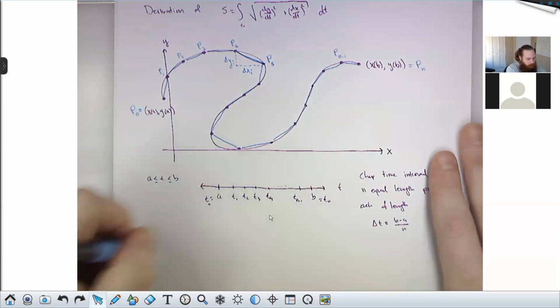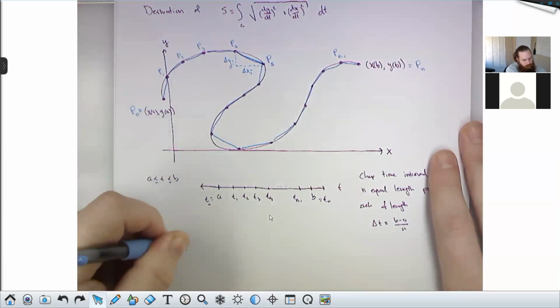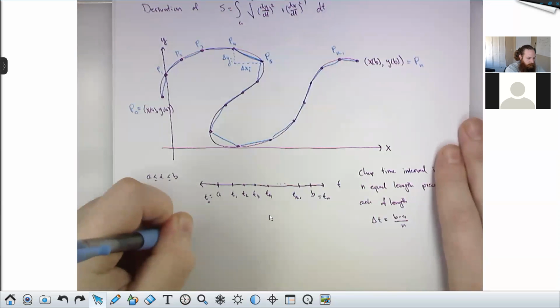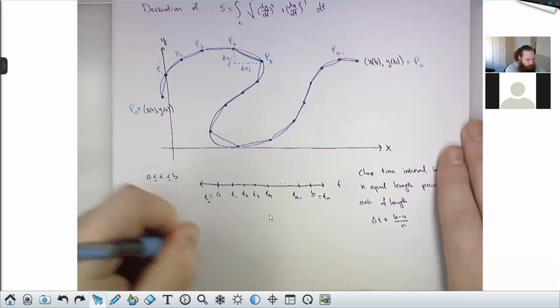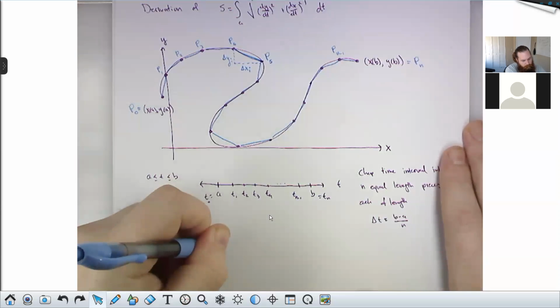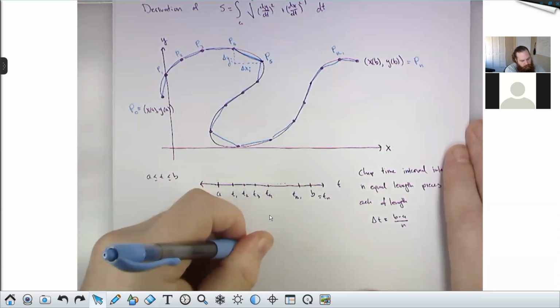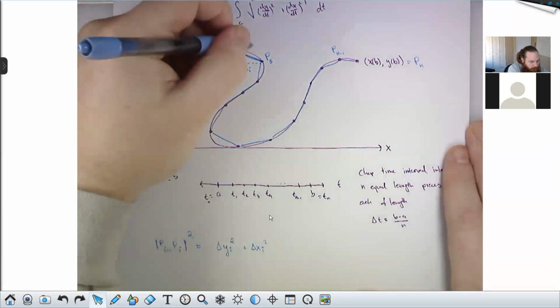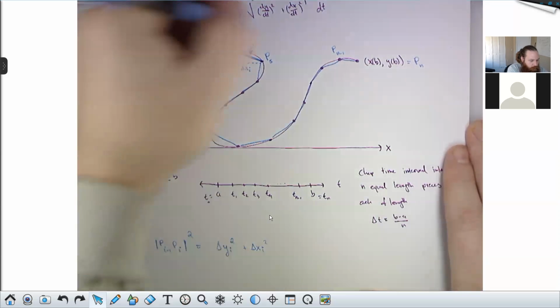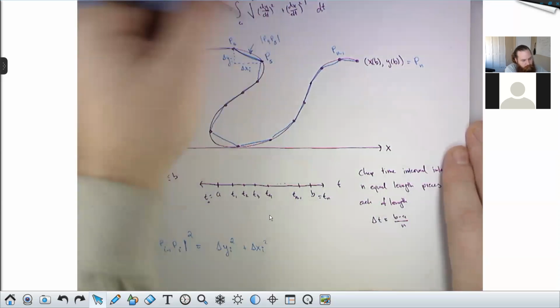So the distance from P(i minus 1) to Pi, the straight line distance there, squared is equal to delta yi squared plus delta xi squared. This right here, this blue distance, would be the distance from P4 to P5.